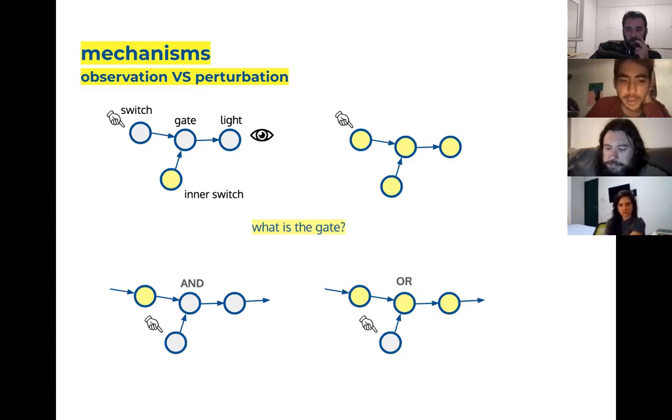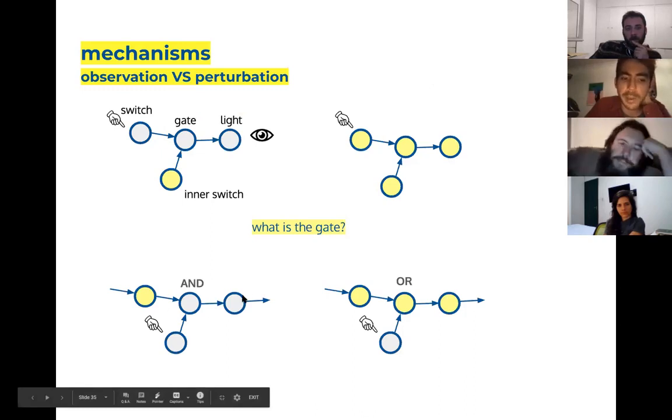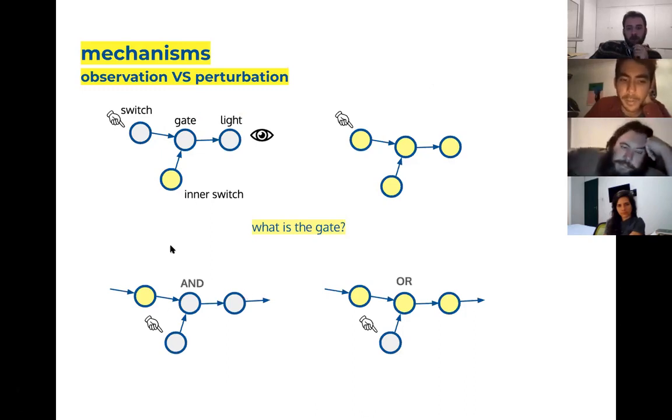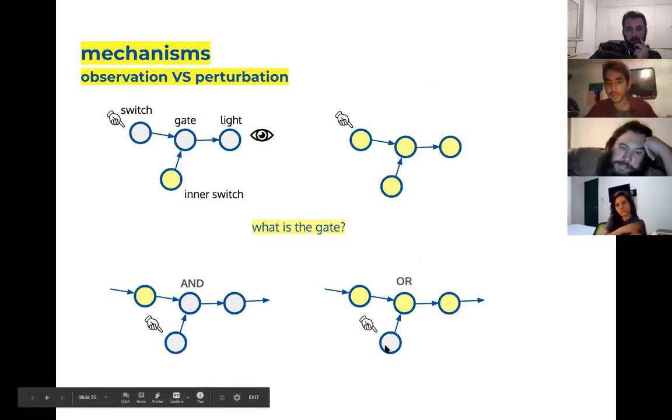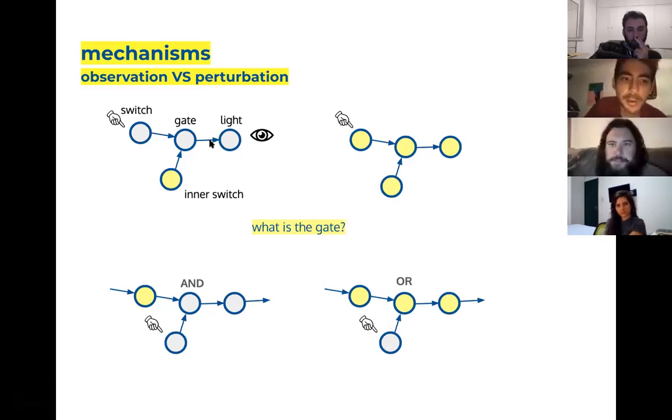So you could have two cases. Maybe it's an AND gate and it only transmits the impulse if this inner switch is on, or it's an OR gate and it doesn't care about the other state of the inner switch. The only way to actually know what this gate is, is to perturb it in all states and see what it does.